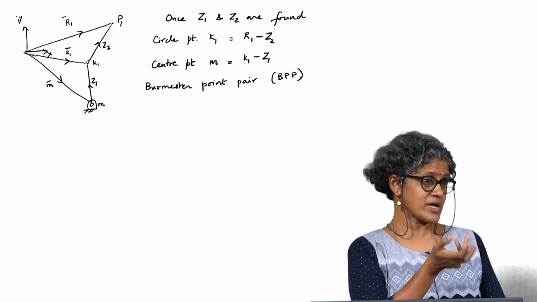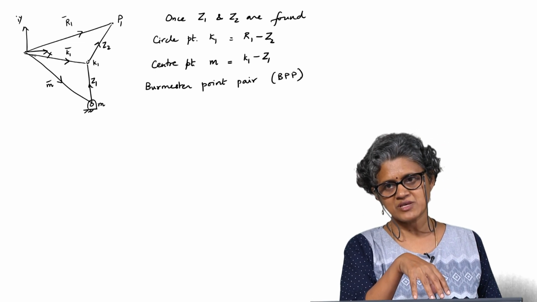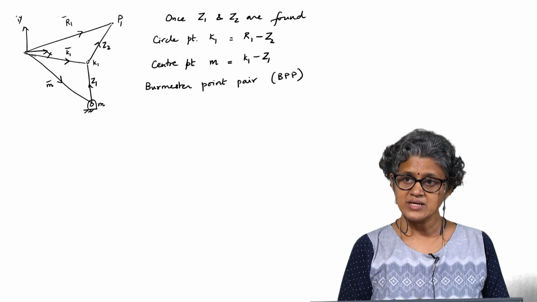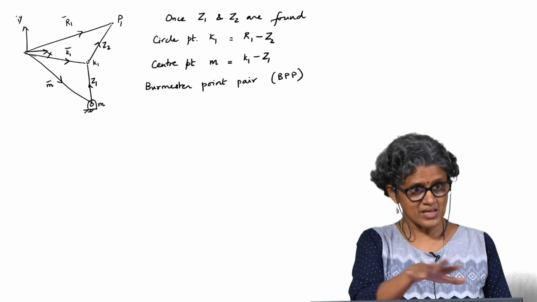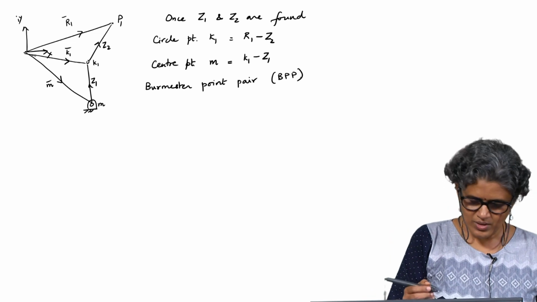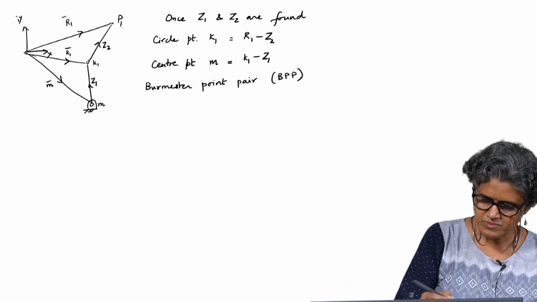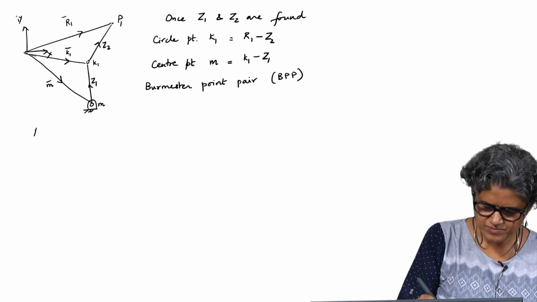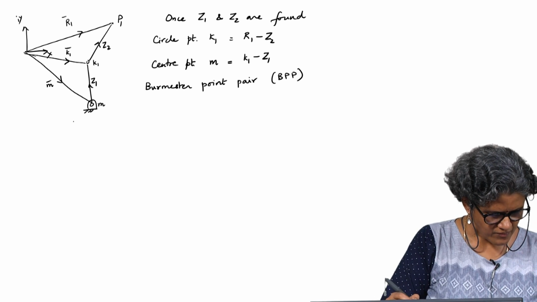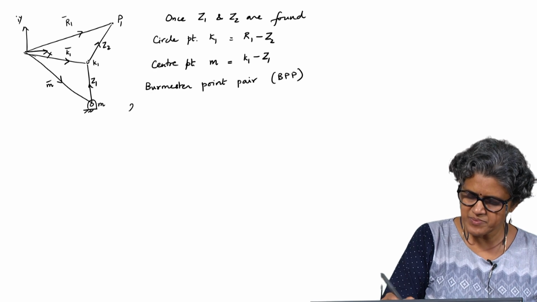I can choose my fixed pivot instead. I can choose my center point in the fixed plane, in which case I will know exactly where my circle point is going to be once I plot the locus of these points. So, I will just show you. Let me just write this down. So, you get 2 sets of the Burmester point pairs.